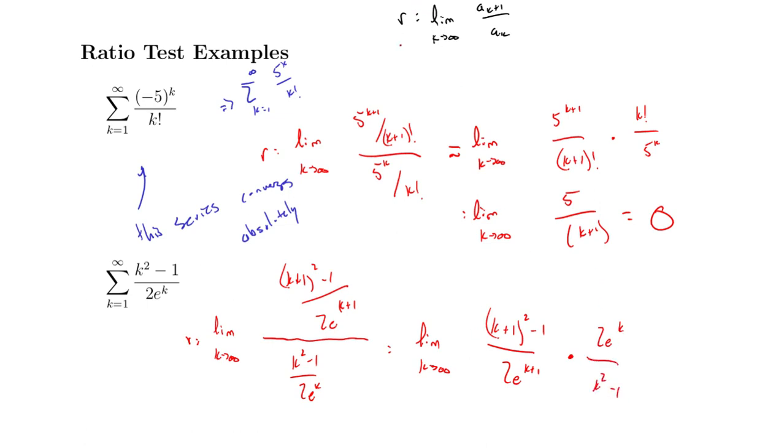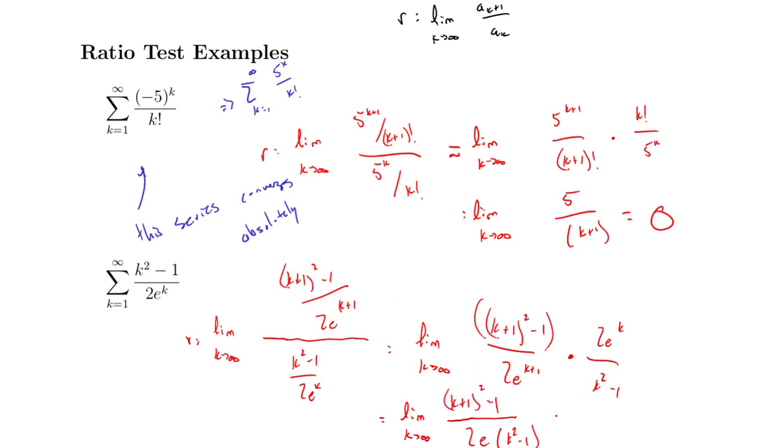Notice the exponentials are going to cancel out. And so this limit is really going to have a 2e on the bottom. Whoops, I need that to be a straighter line. There we go. And then it's going to still have this k squared minus 1. And on the top, we've got a k plus 1 squared minus 1.